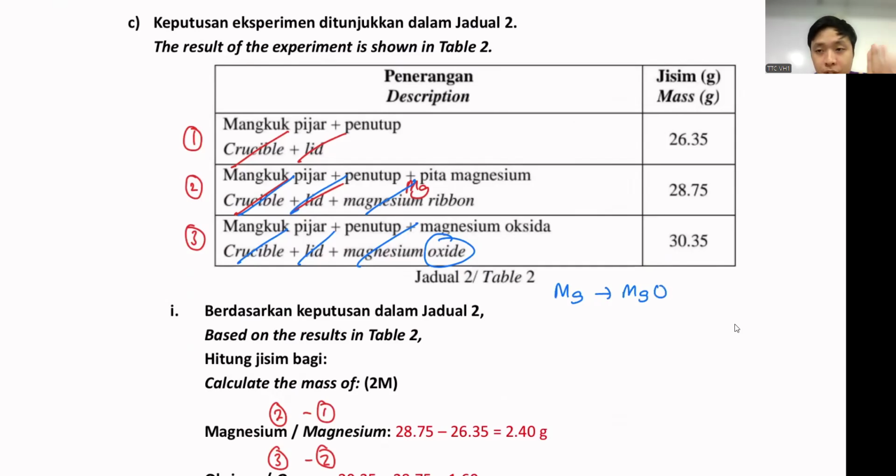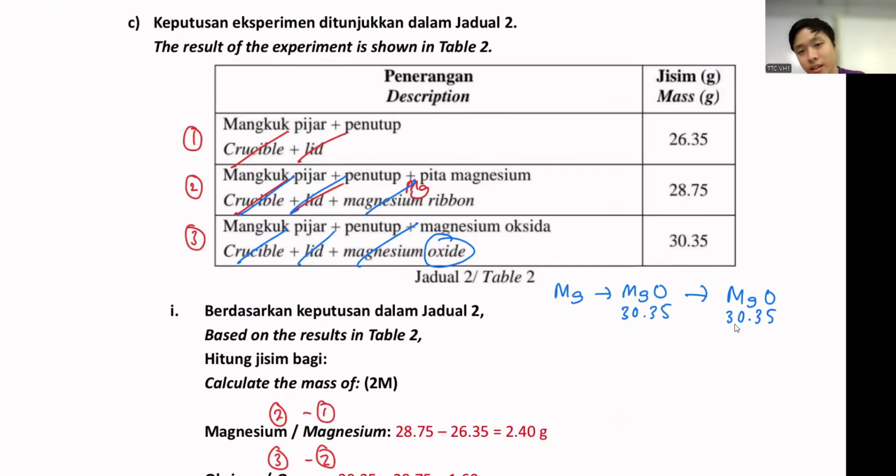So you have to repeat heating, cooling, weighing. You weigh again. Let's say the first time I got 30.35. If the second time I repeat those three steps, then I measure again the mass. If I also got 30.35, it means the experiment is confirmed finished.